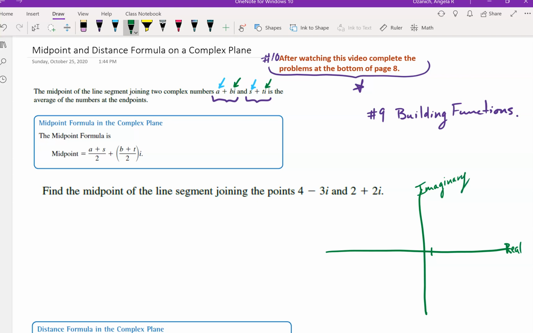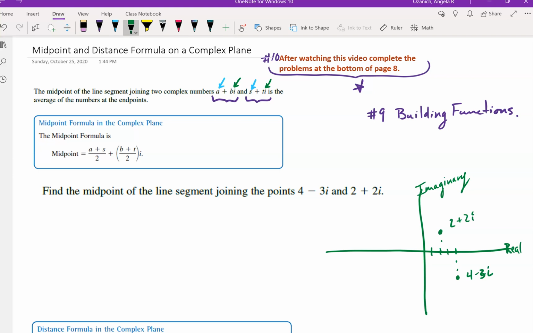So 4 minus 3i: 1, 2, 3, 4, then 1, 2, 3, there's 4 minus 3i. And 2 plus 2i: 1, 2, 1, 2, there's my 2 plus 2i. And it's going to be just as easy as all of this.